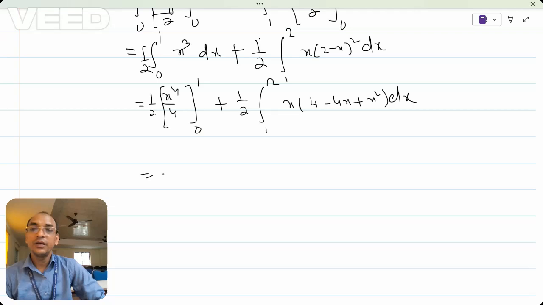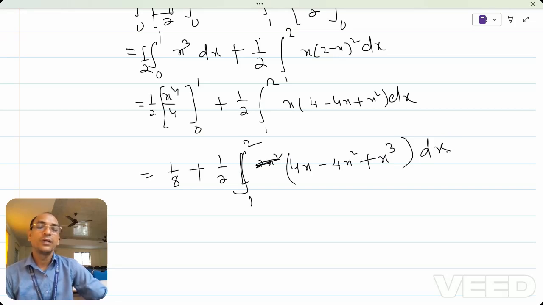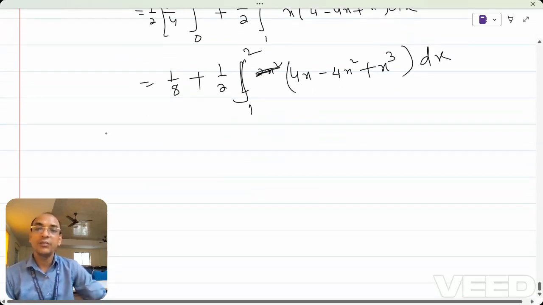So this one will be 1 by 8 plus 1 by 2, integral 1 to 2 of 4x minus 4x squared plus x cubed dx. Now you can integrate it and put in the limits.